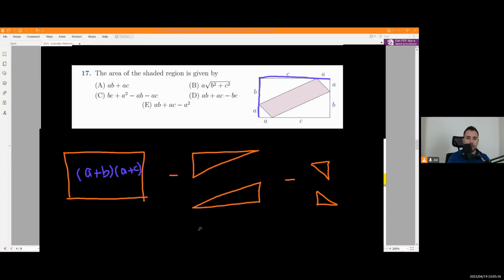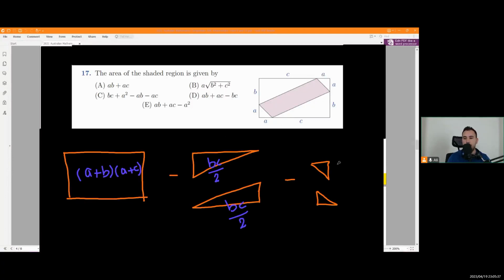Good. So this one is going to be half of BC, BC over 2. This one also BC over 2. It's a triangle, that's why we're dividing by 2, obviously.